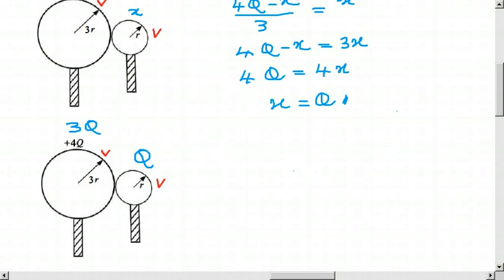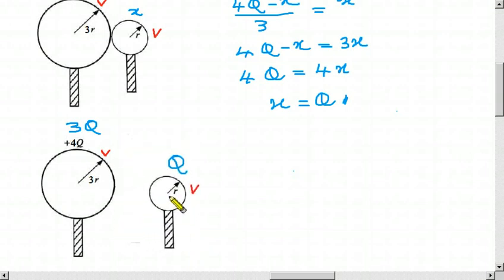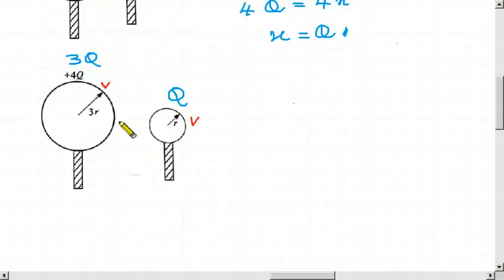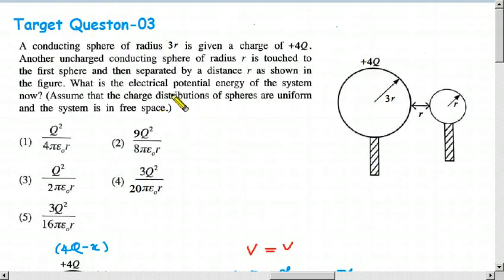Then thereafter what they have done, moving this one away so that the surface to surface distance is r, distance r.